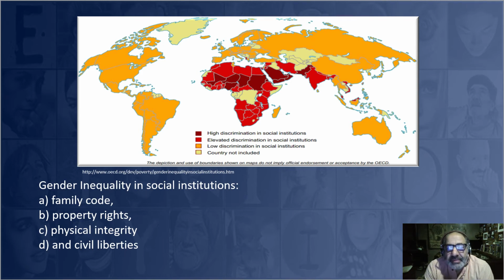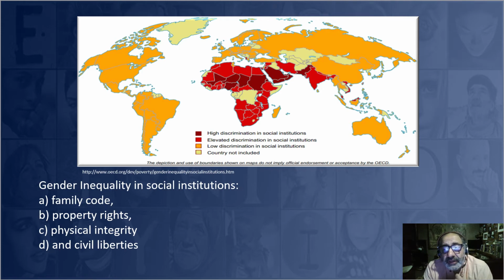If we look at this map here, this is a map that looks at gender inequality in social institutions. Red means there's a high level of inequality between the genders, and orange is a relatively low level of inequality. We're talking about things like family code. Who makes the decisions within the family? Is it the mother and father together who discuss the issue, or is it the father who just makes the decisions and that's it, and the mother has to wear them?